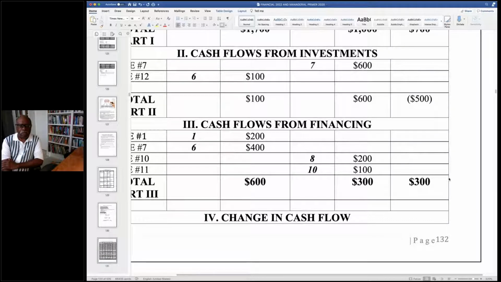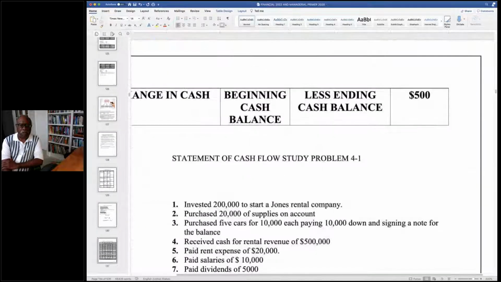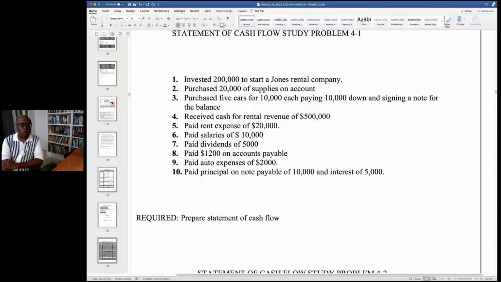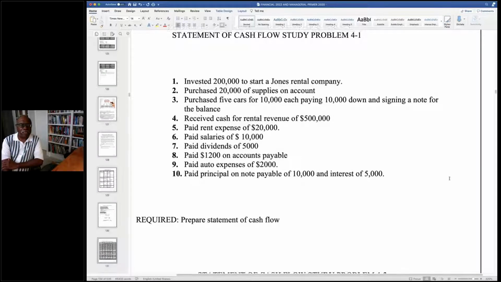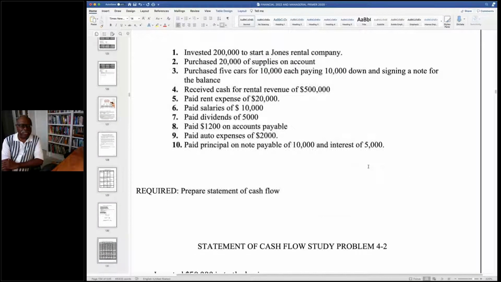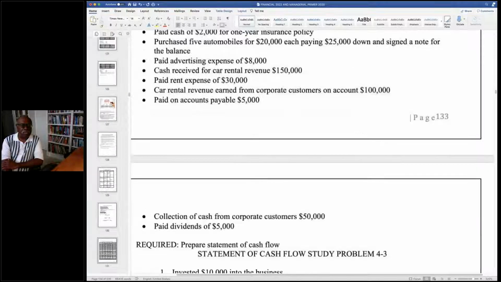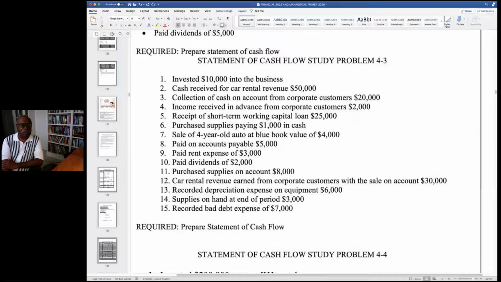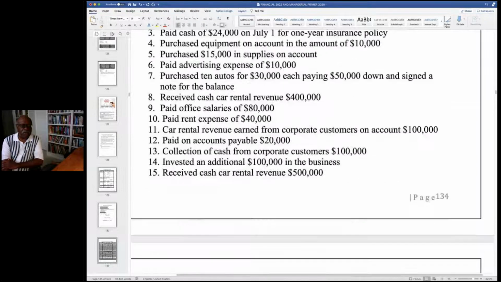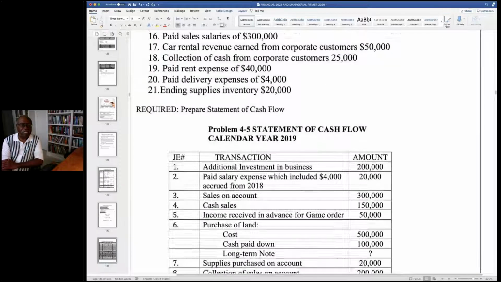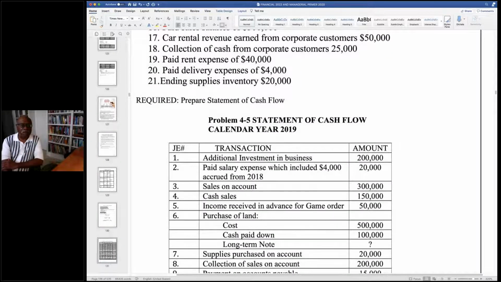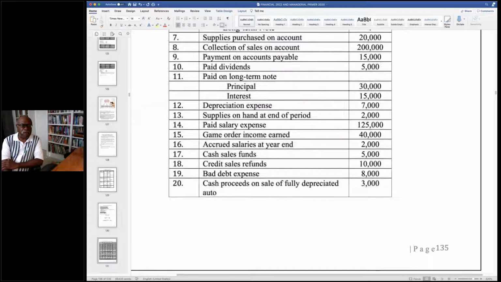And after we work some, you just have to practice. So here's 4-1, here's 4-2, here's 4-3, here's 4-4, and here's 4-5.